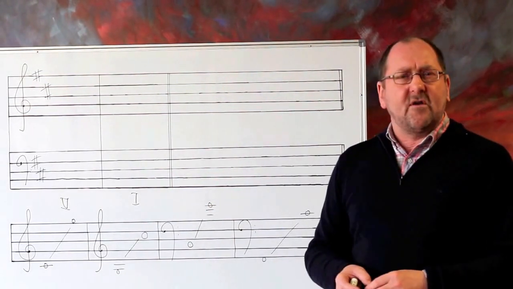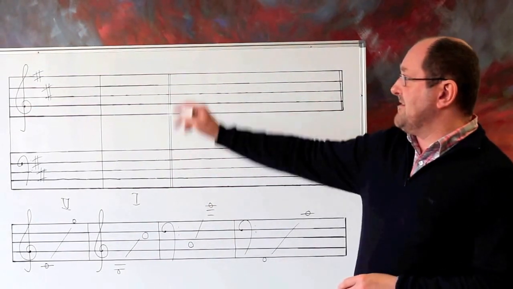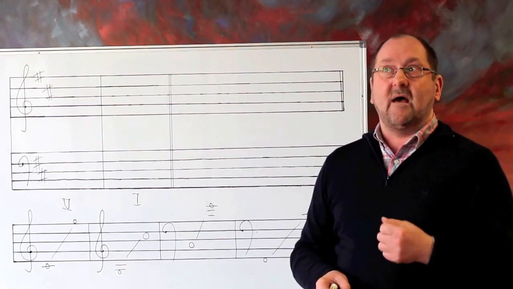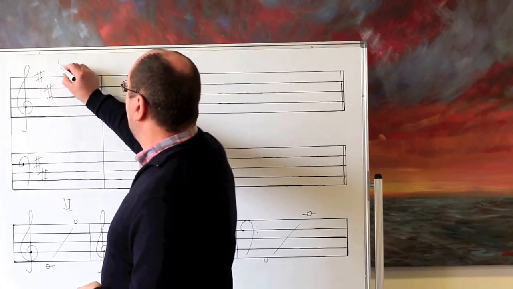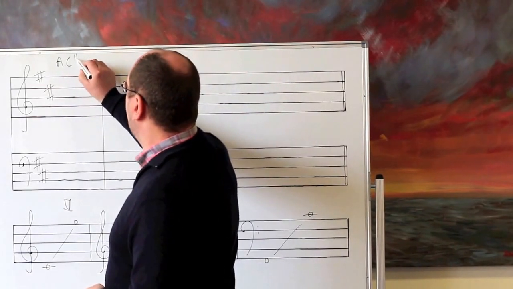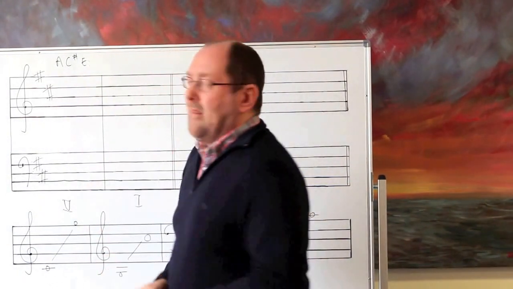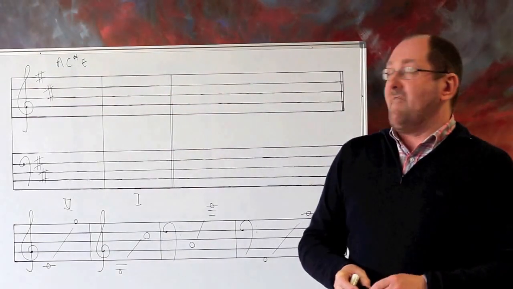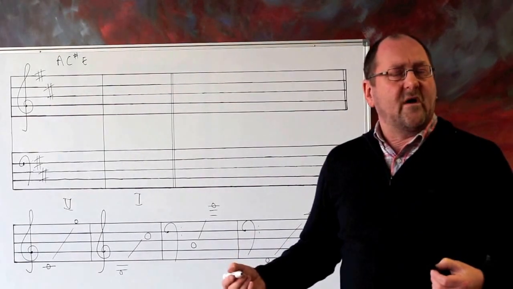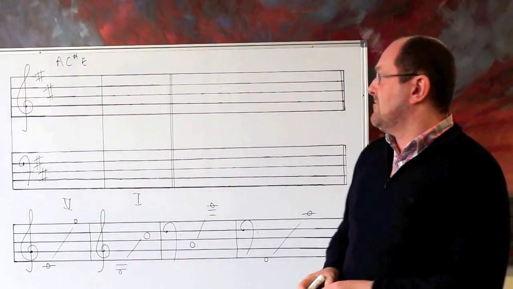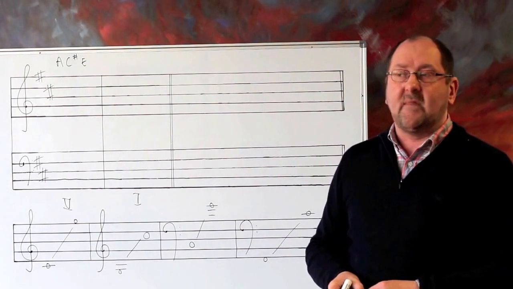Chord 5 to chord 1. So, what are the notes in chord 5? If we're in D major, that'll be A, C sharp, and E. So let's put those maybe up here. A, C sharp, E. But we've got a 4th voice because we have to write for 4 voices. We're going to have to double a note, aren't we? What note do we double?